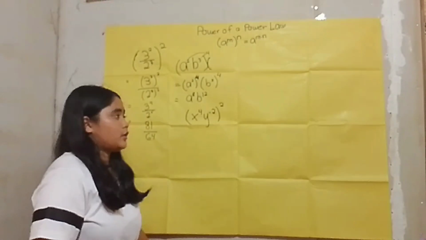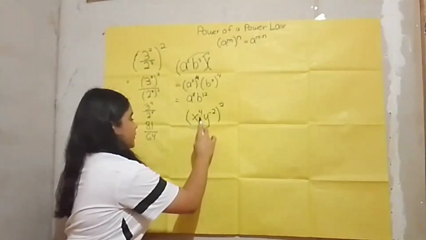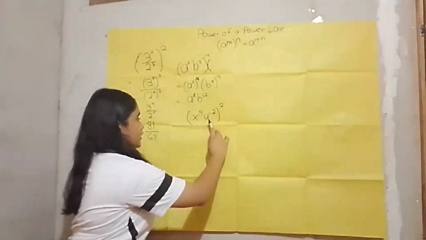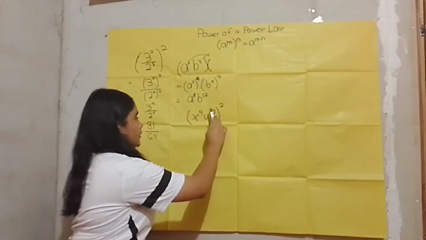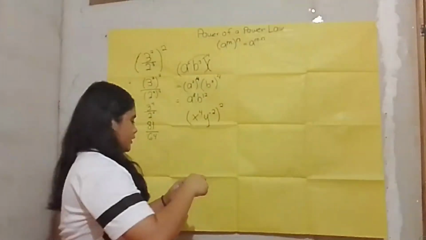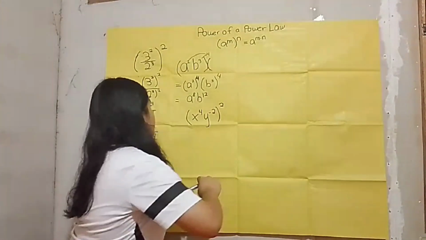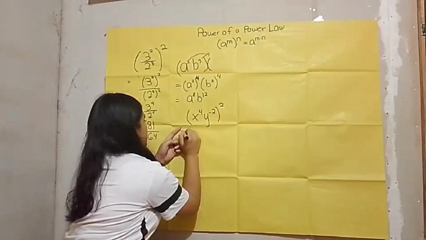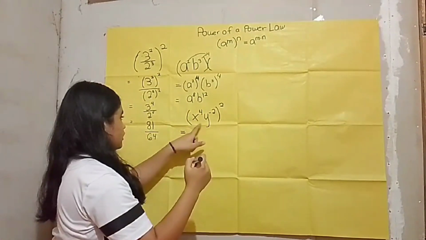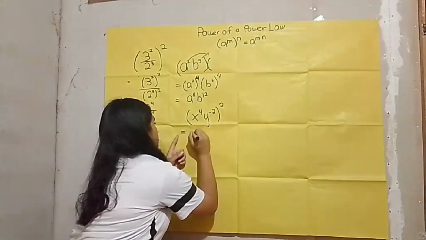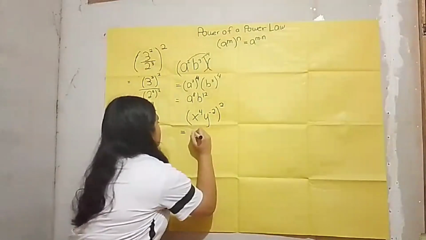Next example, we have x to the power of 4 and y to the power of negative 2, parenthesis to the power of 2. We do the same thing: separate them, or distribute.